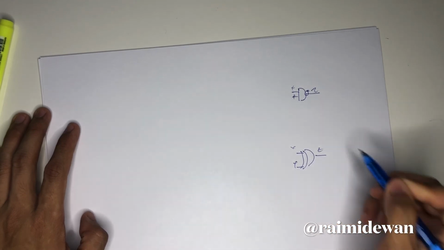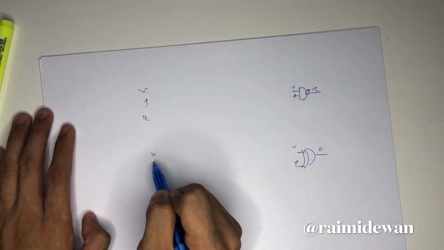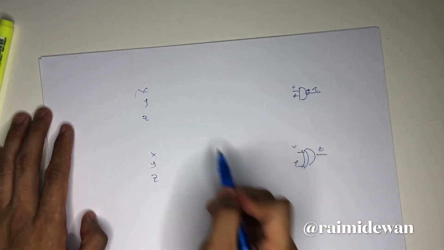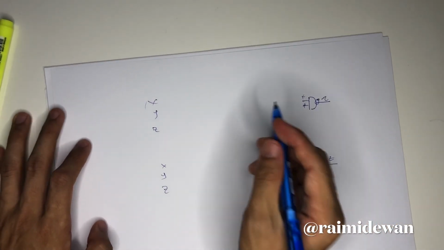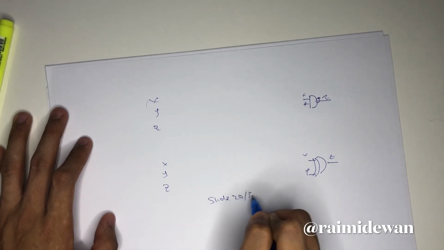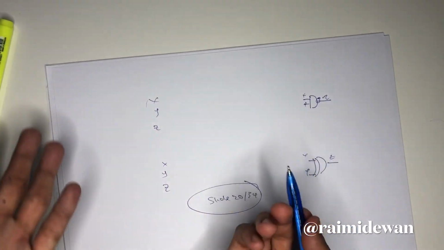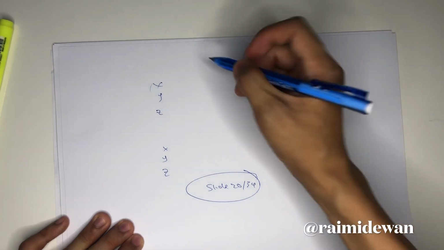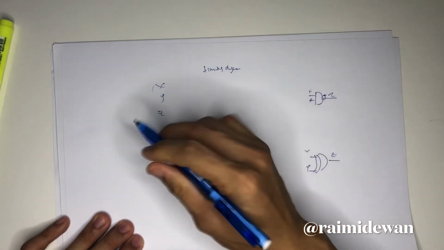We may have a variation of input and another variation of input that will result in the corresponding output. So I want you to test yourself at slide 20 of 34 from the presentation slides. Try yourself and try to understand. If you have problems, feel free to approach me. Try to understand the timing diagram and test yourself.